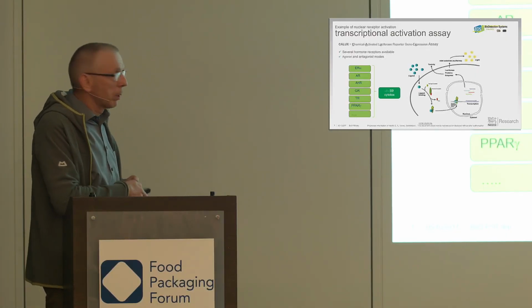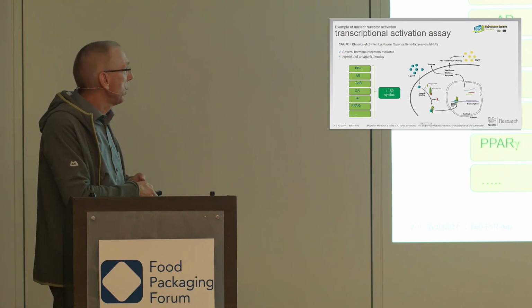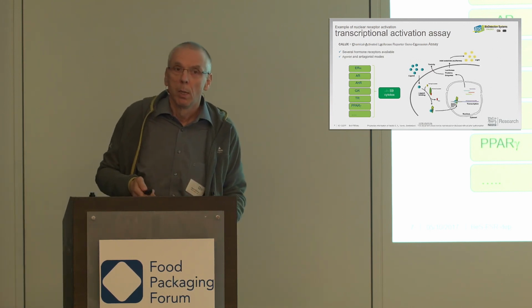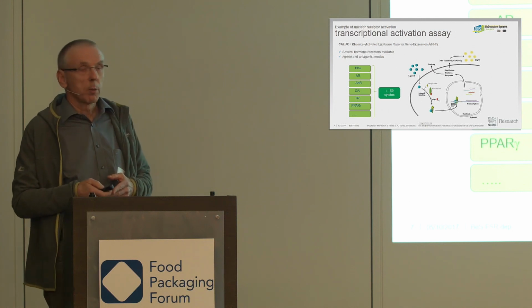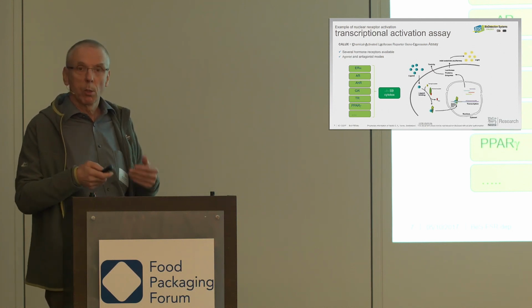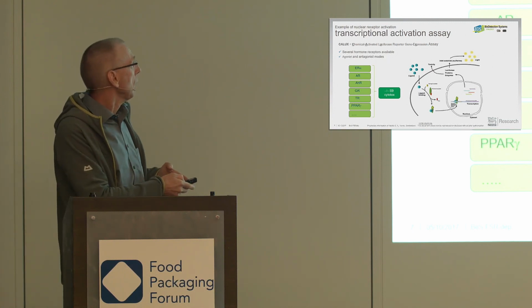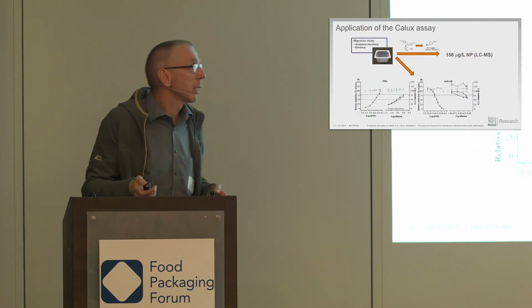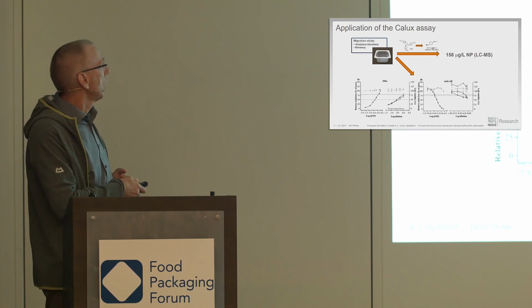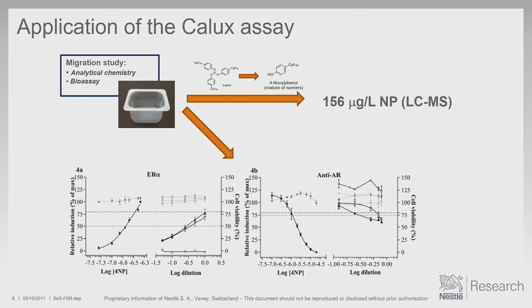And you have different receptors available, and recently we have introduced the use of S9 fraction, which allows us to deal with metabolism. You have here an example of how it looks like. So it's a migration study in a plastic cup.